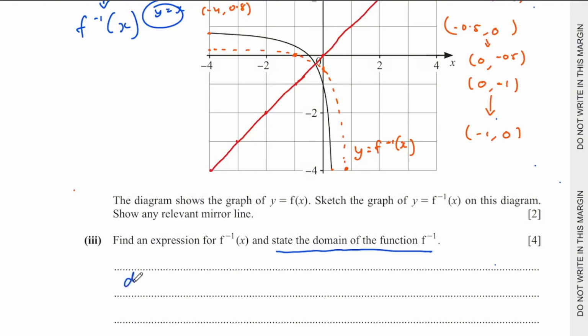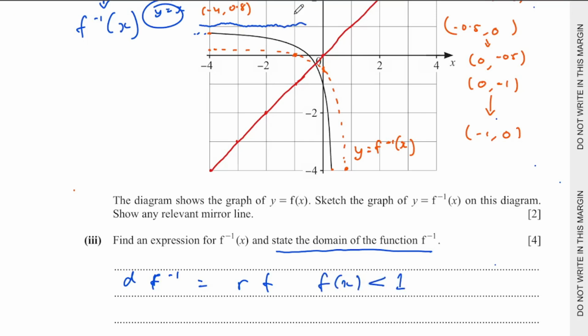So the domain of the inverse is just equal to the range of the original function. And if you see the original function, the range is everything below. So obviously this would go on forever, but it would never cross this line. This is the asymptote of it. That means the range of f, the original function, the one that's in black, is just f of x is less than 1.